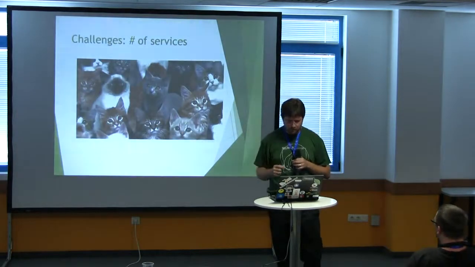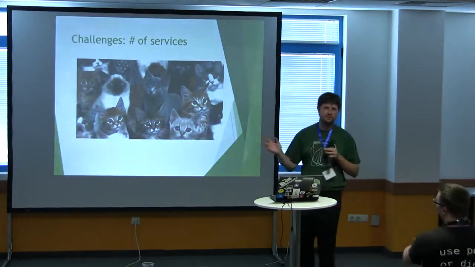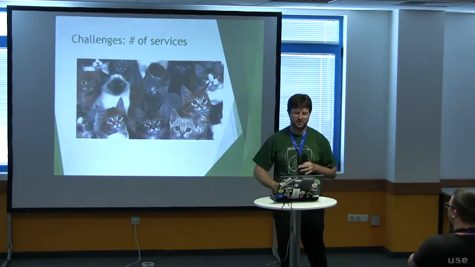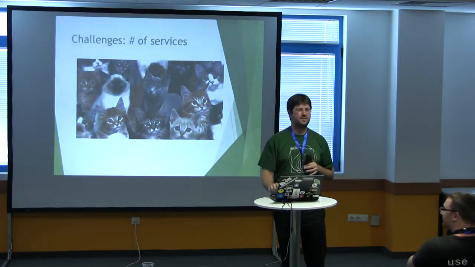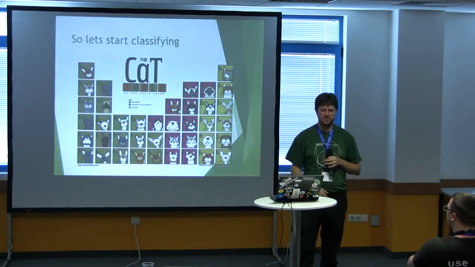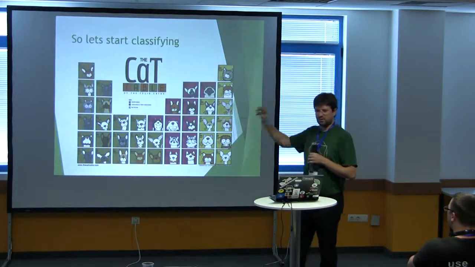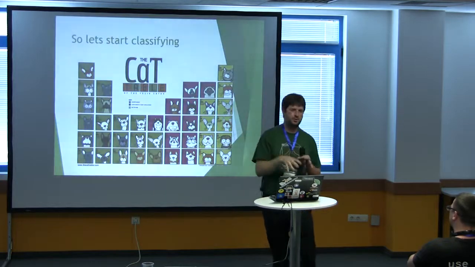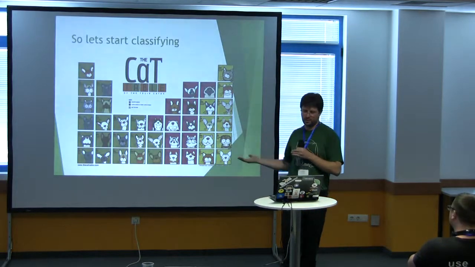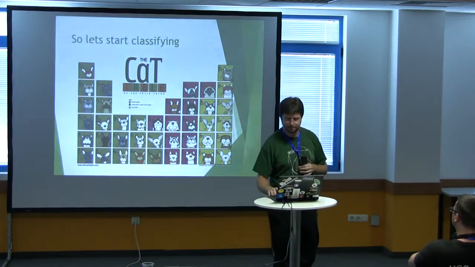So one challenge is that we have lots of services, so we need to start classifying these services. We have to put them all in their places because they do have commonalities, and if we exploit these commonalities, the project seems more feasible, no?